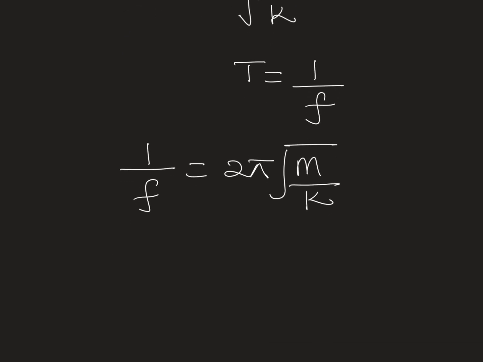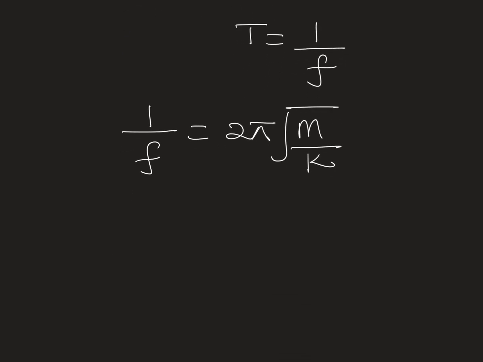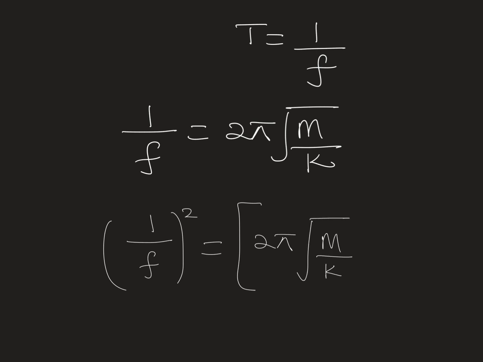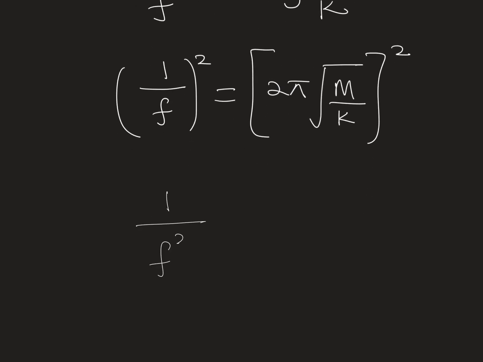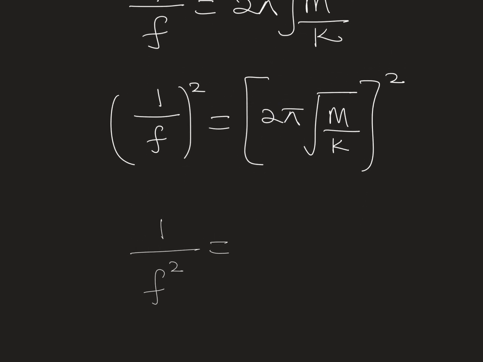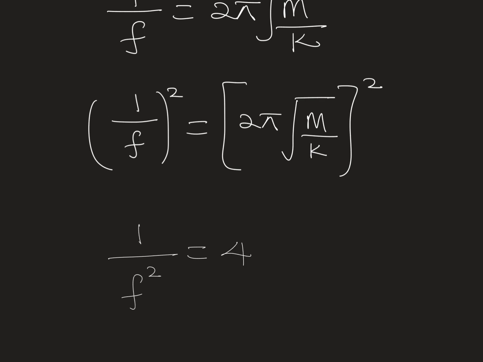So now squaring both sides, that is going to be 1 over f all squared is equal to 2 pi the square root of m all over k all squared. So that will be 1 over f square is equal to 2 square is 4, then pi square, root of m square will just be m, divided by root of k square will just be k.